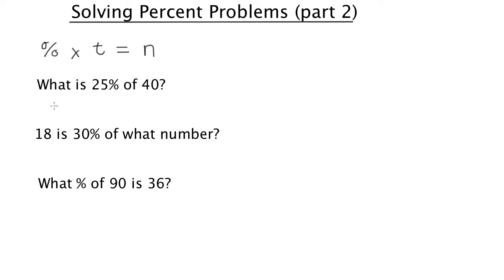The thing to keep in mind is that the word what, anything that says what, that's the thing you're looking for. That's the unknown. In algebra, we would use a variable for this. If you're not comfortable with using letters in your math equations, fine. Just make a big empty box there. That's the thing we're looking for.